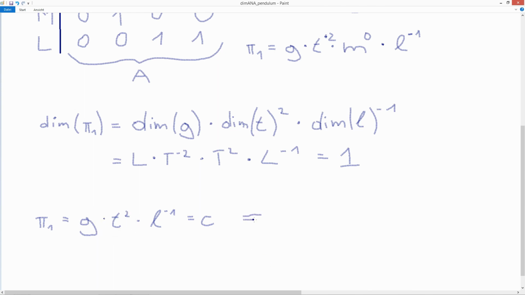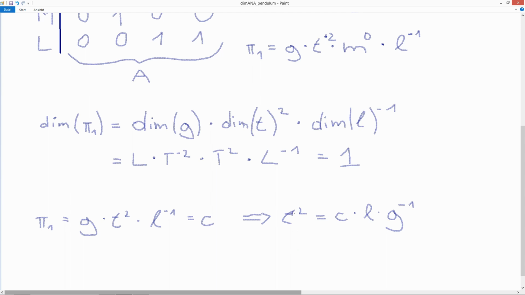So from this here we get t squared is equal to, so when we get this here and that here on this side, this leads to c times L times g to the power of -1.